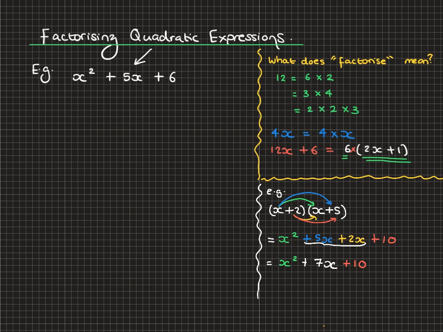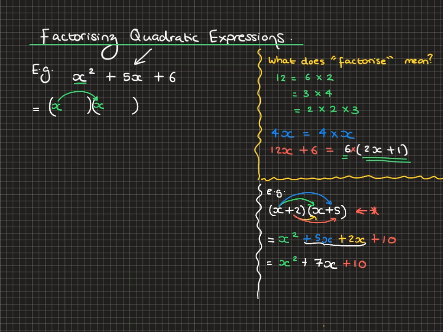So that should give us a good indication of how to do the factorization, and it means we need a pair of double brackets like this over here. So to start my factorization, I'll have a pair of double brackets, and my brackets are going to begin with x and x, so that when I do my expansion, x multiplied by x will give me this x squared over here.